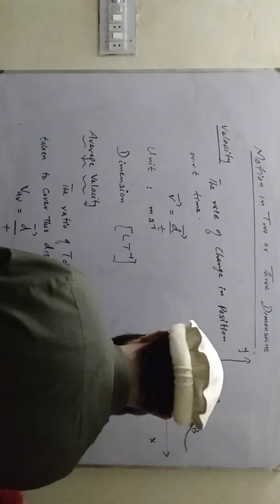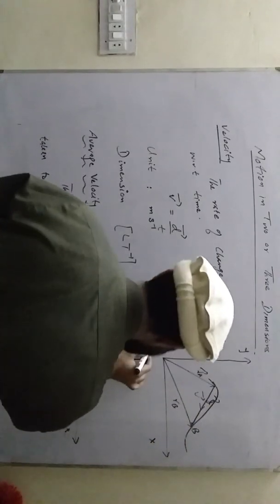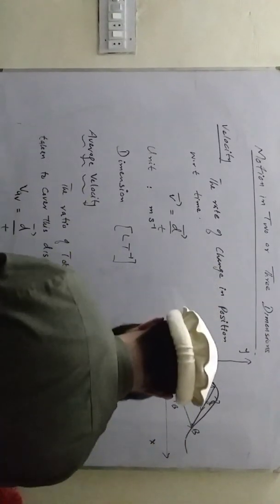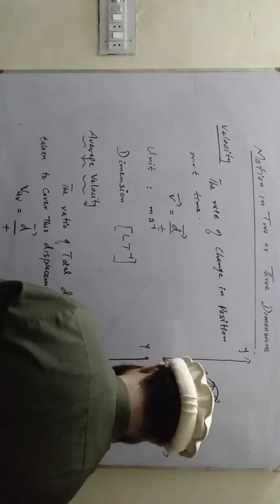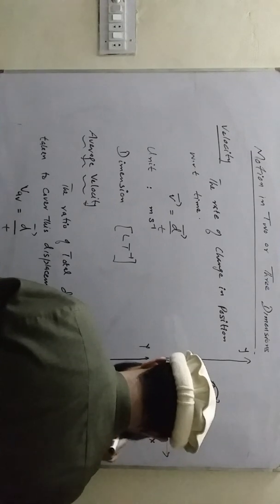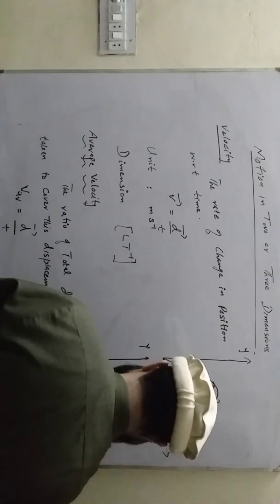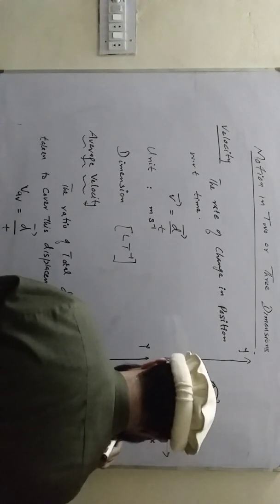In this diagram, this arrow vector is representing the average velocity.